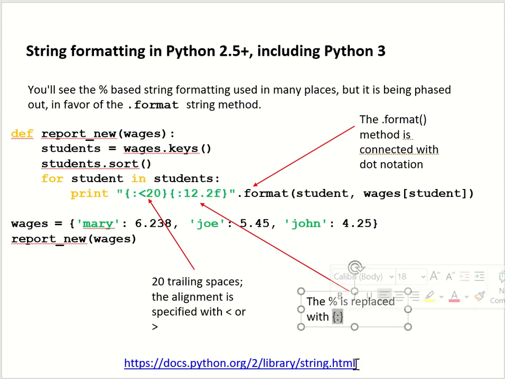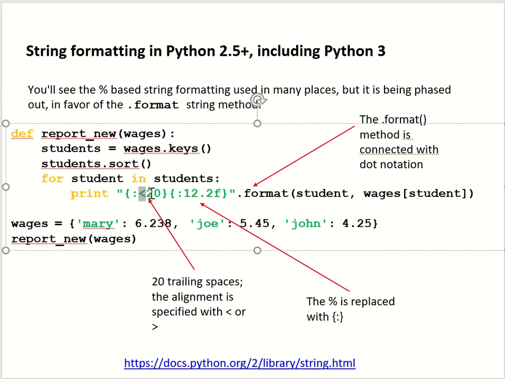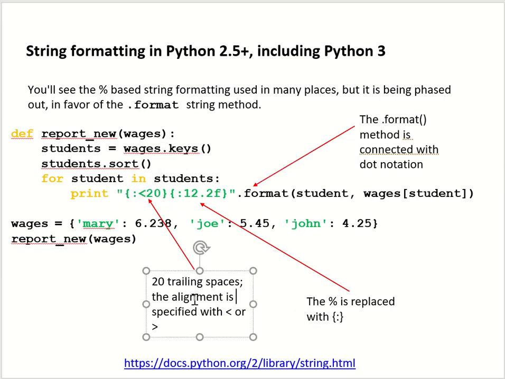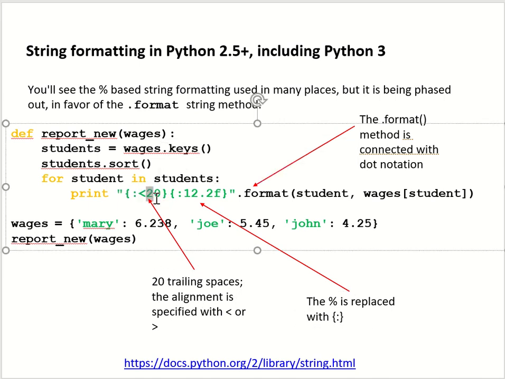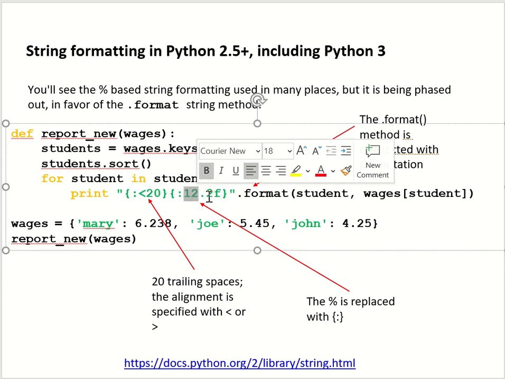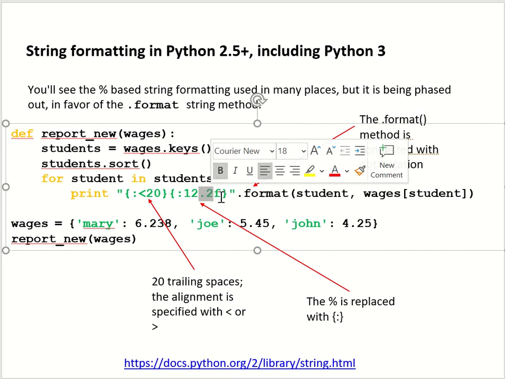Instead, it gets replaced with curly brace, colon, curly brace. And those could have other characters in. So 20 is the trailing, and the alignment is signified by this less than sign, aligned to left. The 12 leading spaces, 0.2 precision.